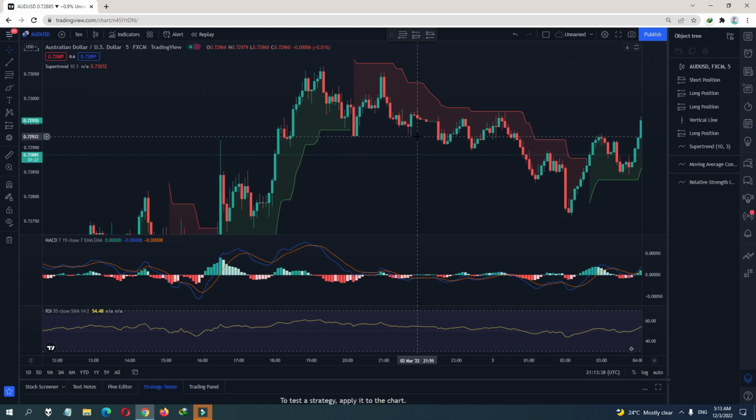But this is not a valid signal for this strategy, because if you see here and here, the last time it crossed down, the RSI is above 50 the whole time. You want the RSI to drop below 50 between here and here.